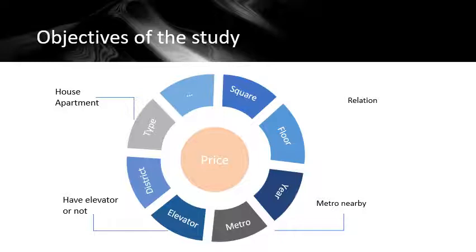In other words, we want to figure out the relations between those factors and the final house price. And we will try to give an order of which ones have the greatest influence on the price and which ones have little influence.